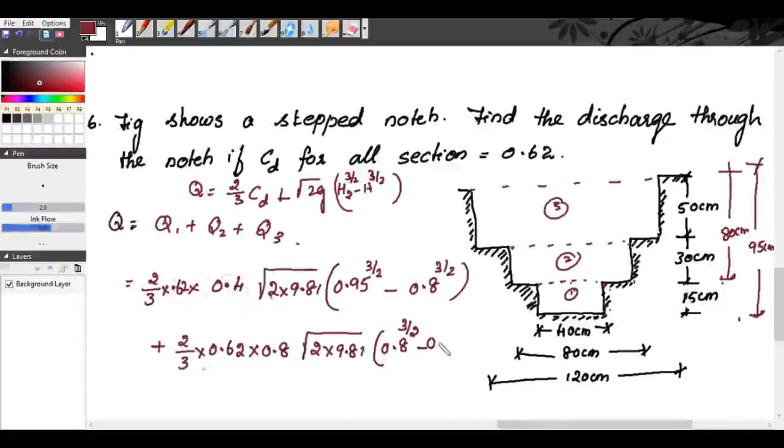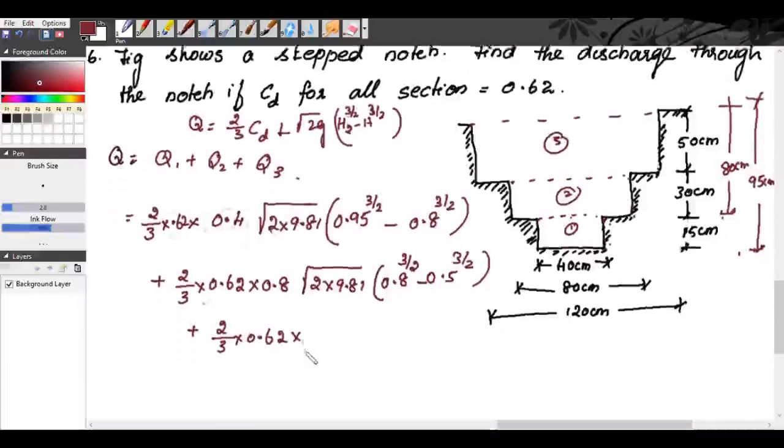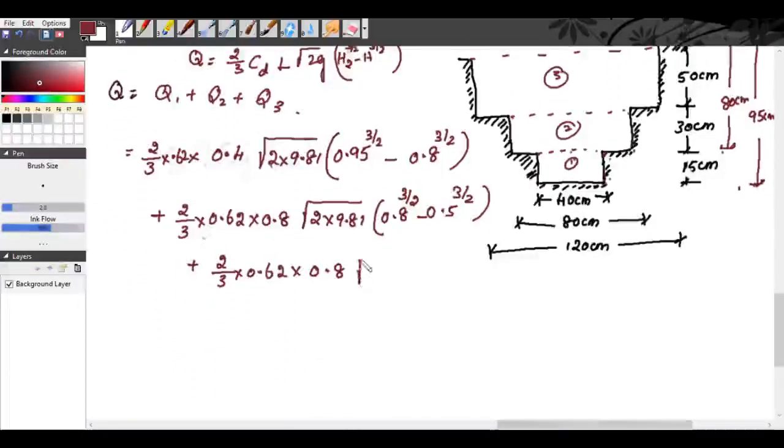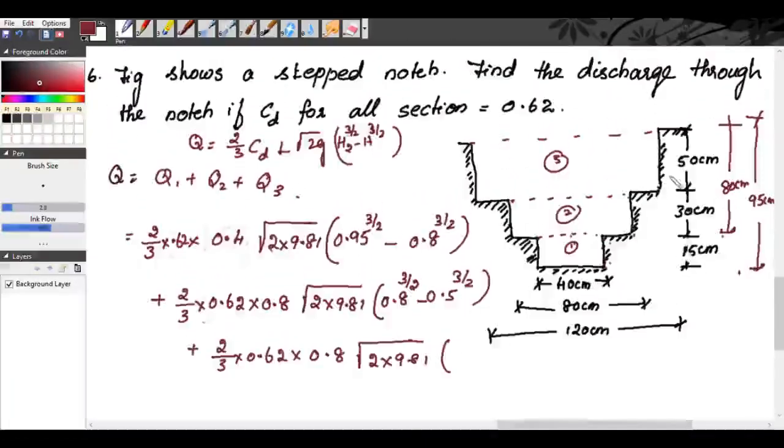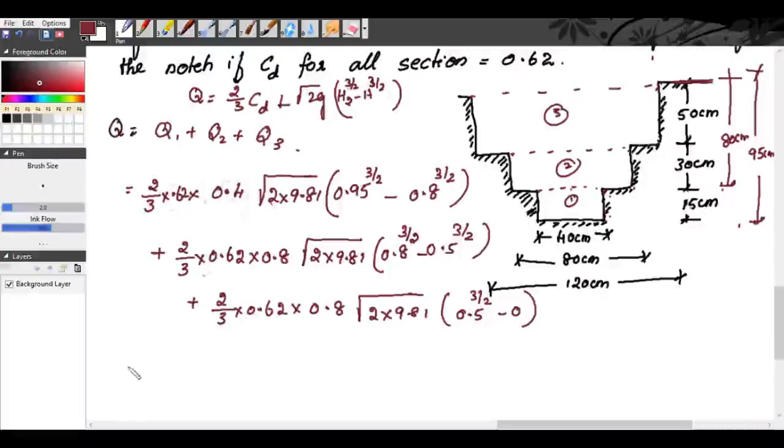0.5 raised to 3 by 2, plus 2 by 3 into 0.62 into 0.8 into square root of 2 into 9.81 into this distance, that is 0.5 raised to 3 by 2 minus, see here above this it is 0. At this point the head is 0. So minus 0. So we can take the common things outside.